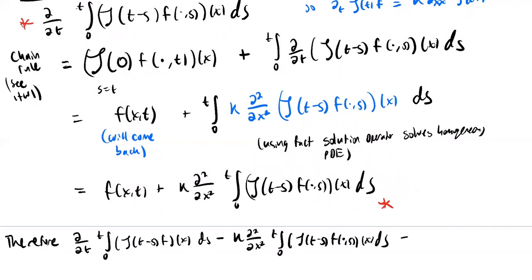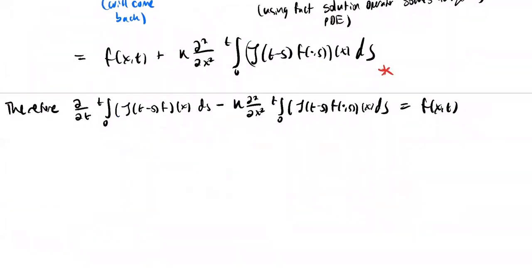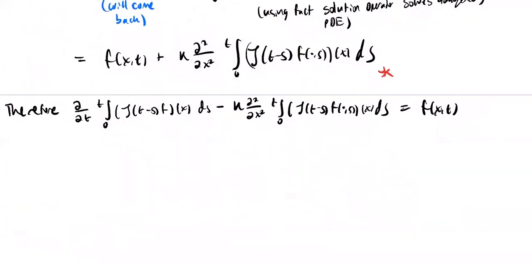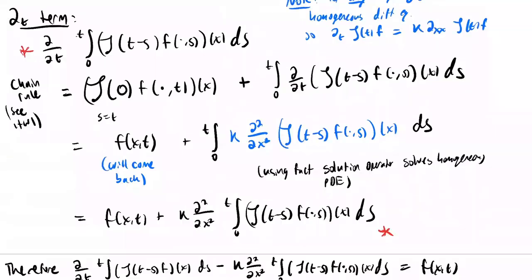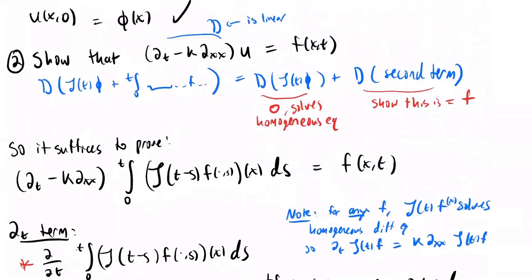Then all that's left over on the right-hand side is f of x, t. This is just what we were left with. So this says that if I apply the diffusion operator to the second term, which was this complicated integral, all we end up with at the end of the day is just f of x, t, which is what we wanted. This is what we were trying to show right here. Okay.